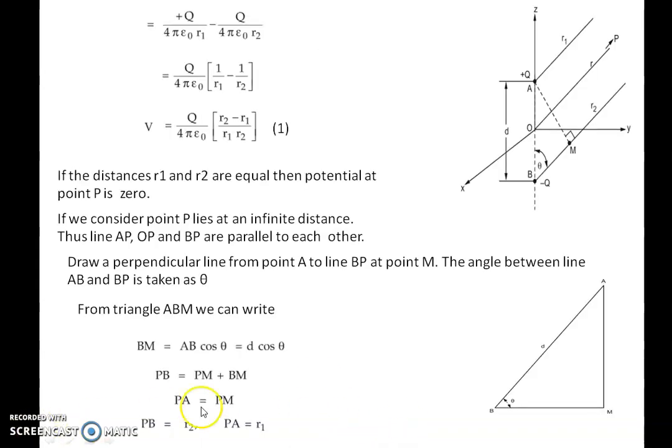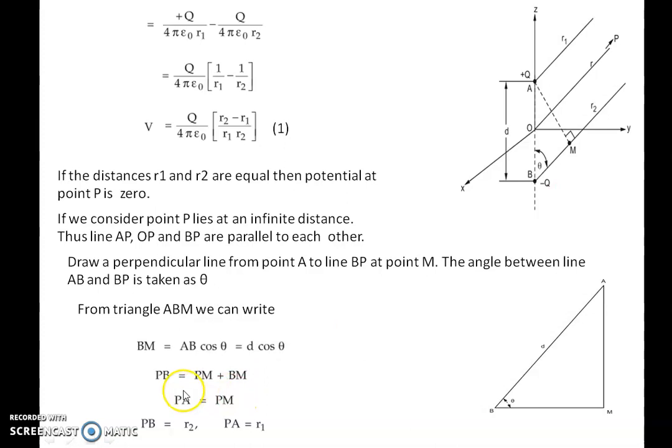Here we have taken PA equal to PM because we have joined a perpendicular line. If the lines are parallel, then the length of AP and the length of MP should be equal. So PA is equal to PM, but PA is equal to R1 and PB is equal to R2.